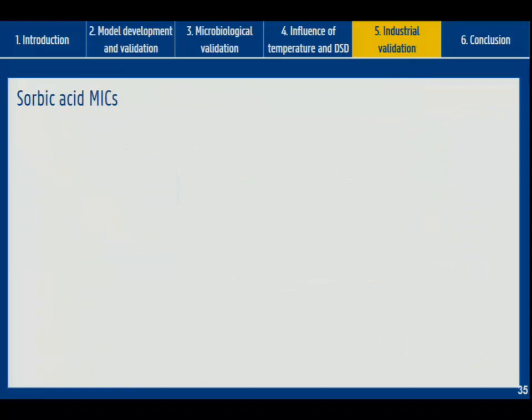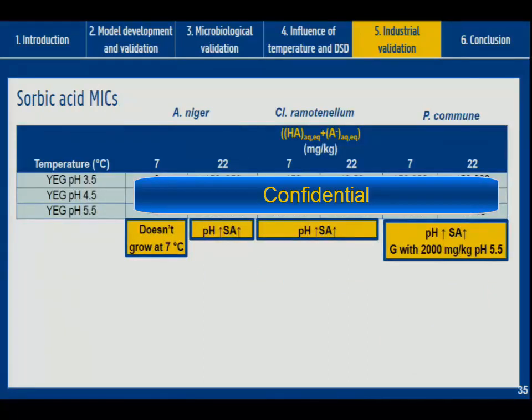So our MIC results. Now, these are results for Aspergillus niger at 7 and 22, Cladosporium ramotenellum 7 and 22, and Penicillium commune at 7 and 22. And these are the inhibitory total aqueous sorbic concentrations, so everything that we have added inside the media. It was interesting to see that Aspergillus niger didn't grow at all at 7 degrees, regardless of sorbic acid.